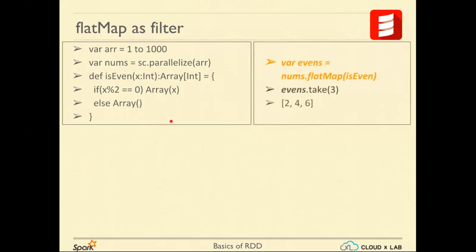Using this, we are able to emulate filter. So flatMap is able to emulate map and filter, and that's the reason why Hadoop has only map, not filter and flatMap, because Hadoop's map is very similar to Spark's flatMap, and therefore you could easily emulate filter or flatMap or map with Hadoop's map.